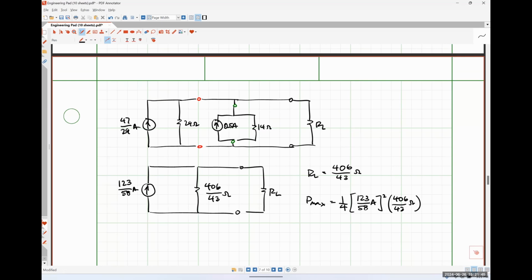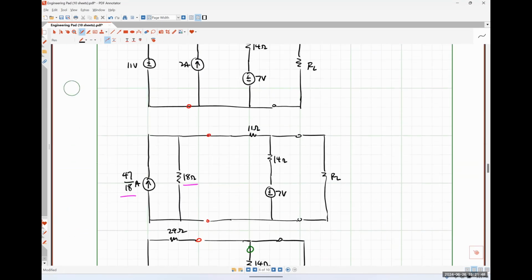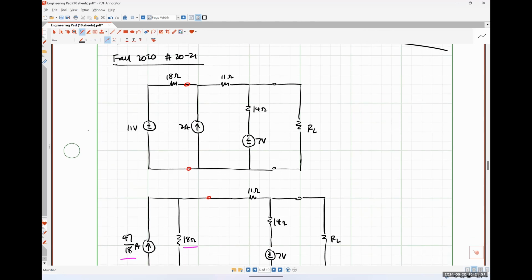Go back to the top. What would you like for me to explain, Aiden? How I wound up getting the 47 as a numerator.